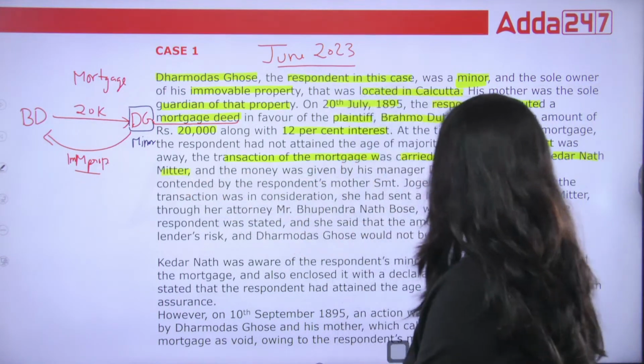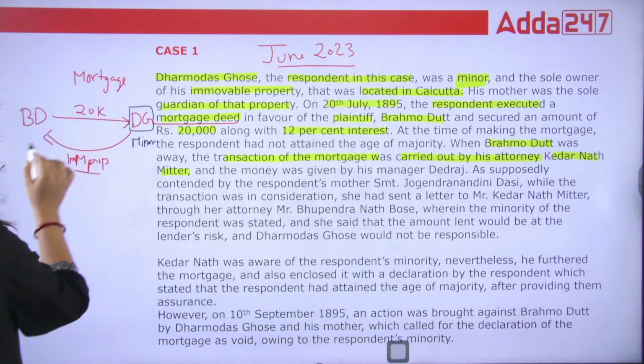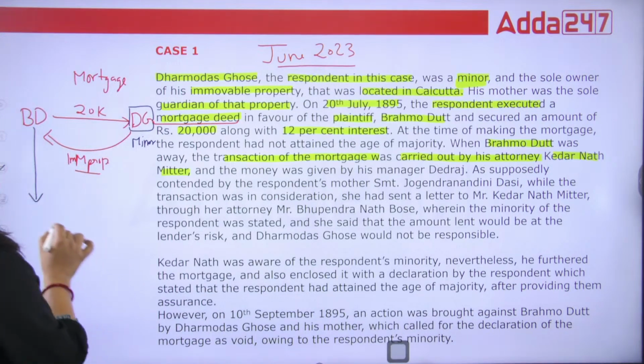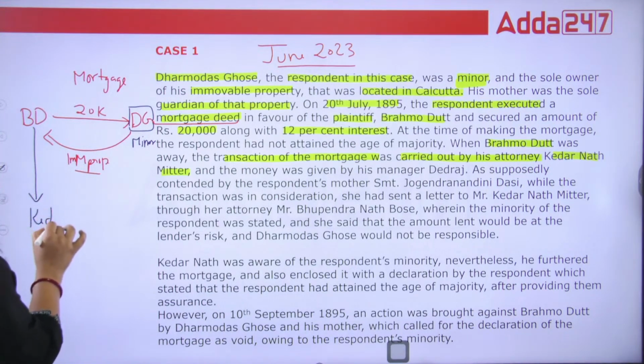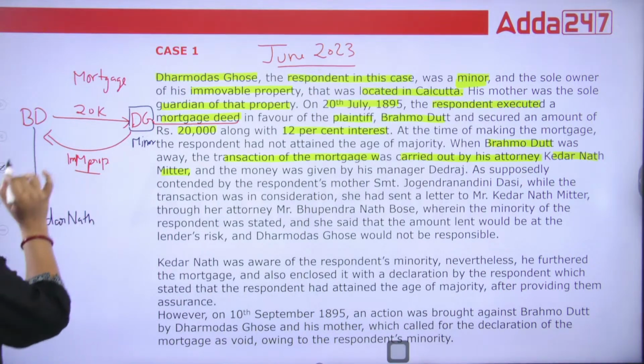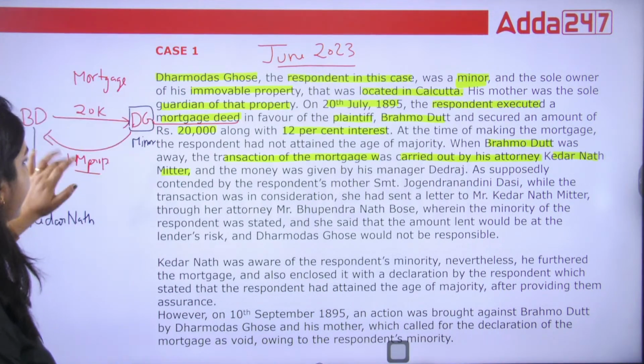Kedarnath is the agent of Brahmodat, and that is written here, right?